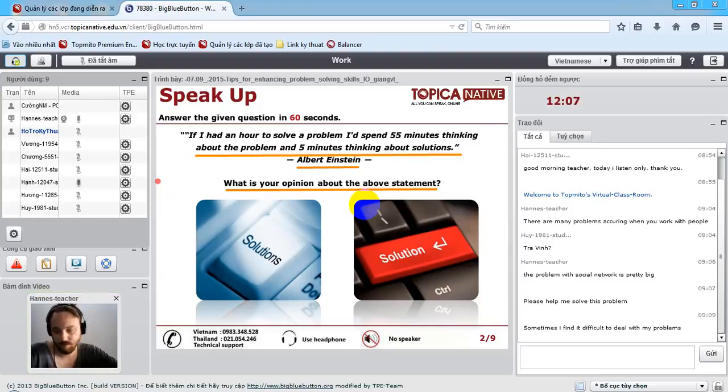Yes, I agree with this statement. This statement reminds us that whenever we want to find a solution for a problem, we need to identify the problem. What is the problem?